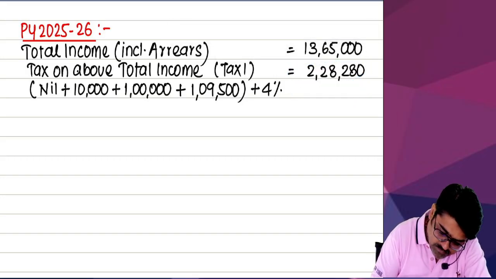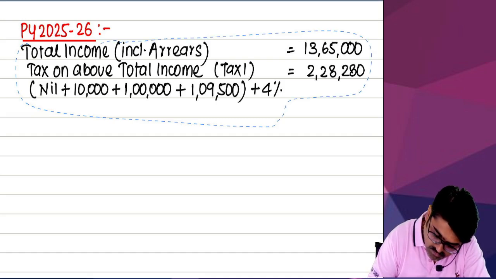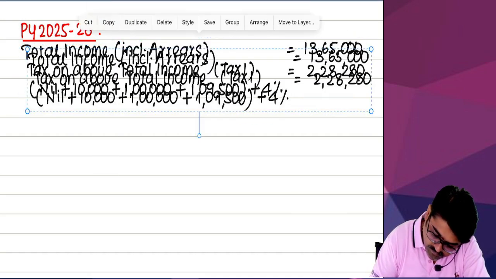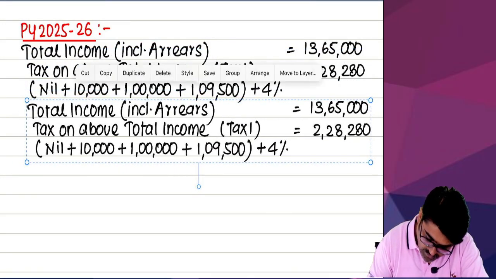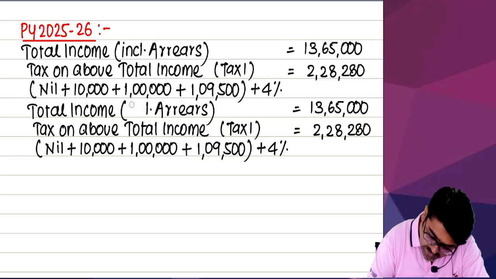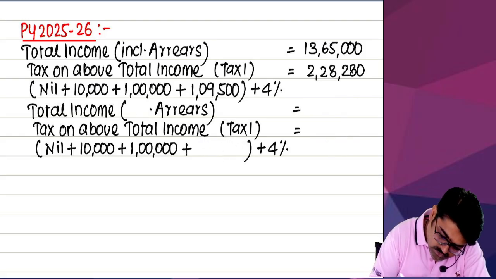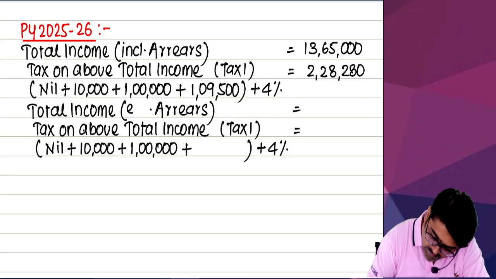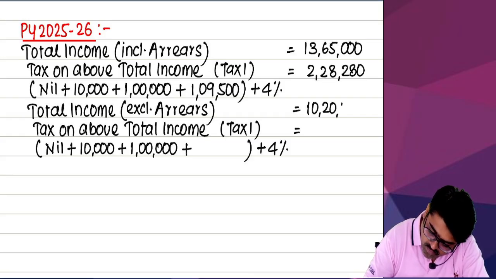Now what I'll do is the same thing, but excluding arrears, and hence my tax will also be different. So total income excluding arrears was 10 lakh 20,000.